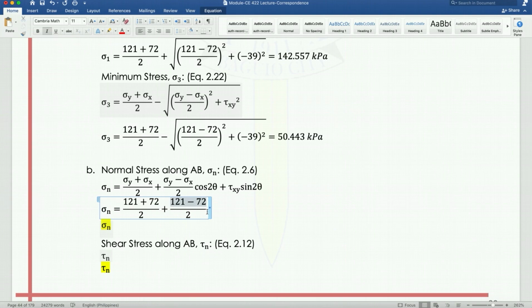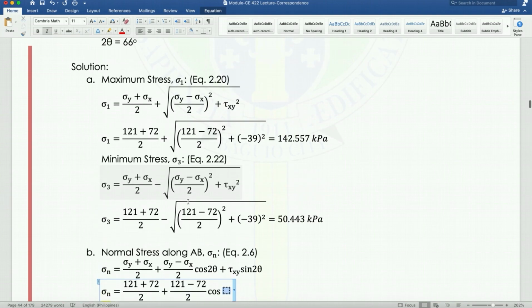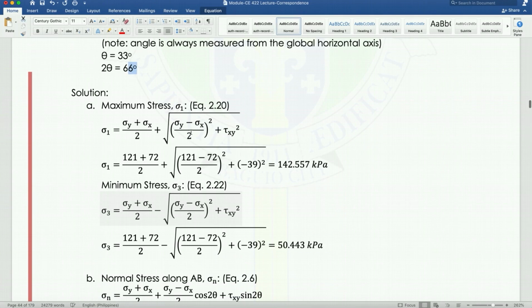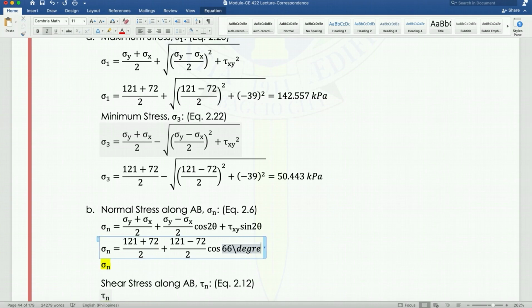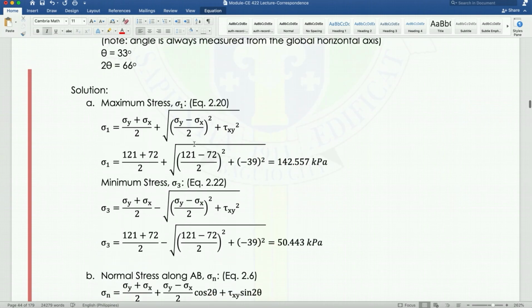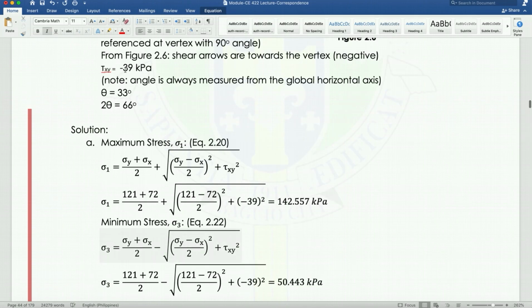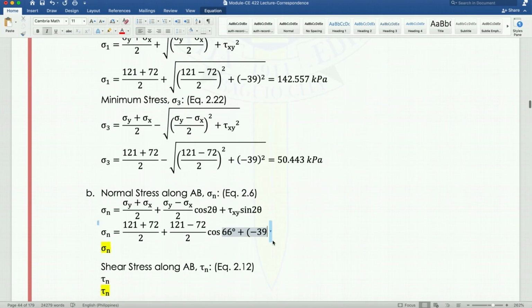Then we have cosine of 2 theta. What is 2 theta? It is 66 degrees. So we have here 66 degrees plus tau. Tau here is negative 39. Okay? I repeat, it is negative 39. So, negative 39 sine 66 degrees.